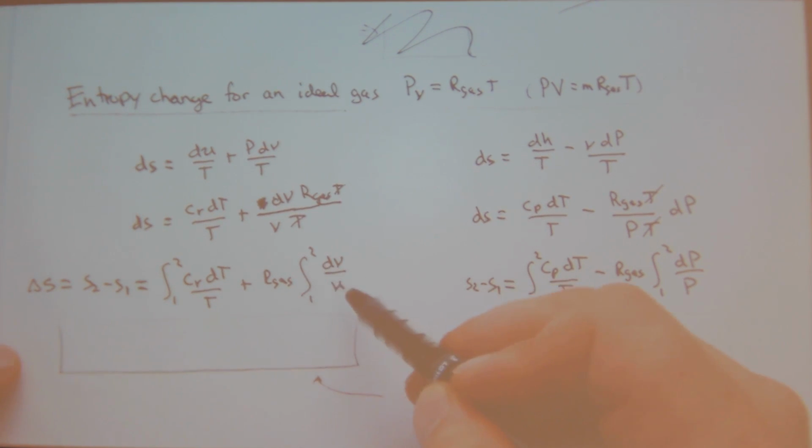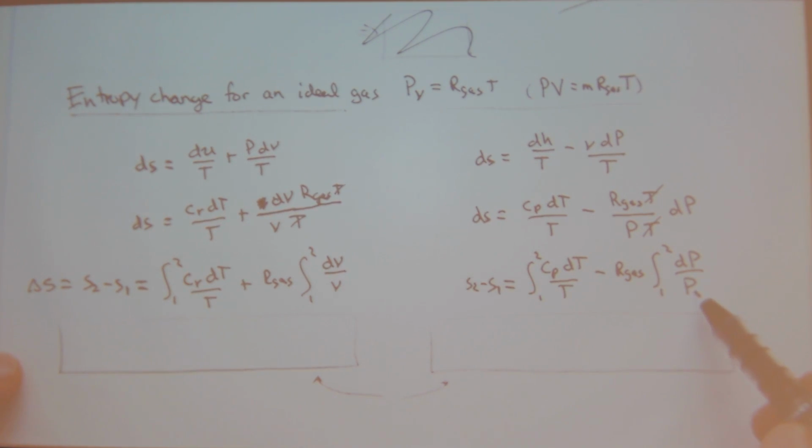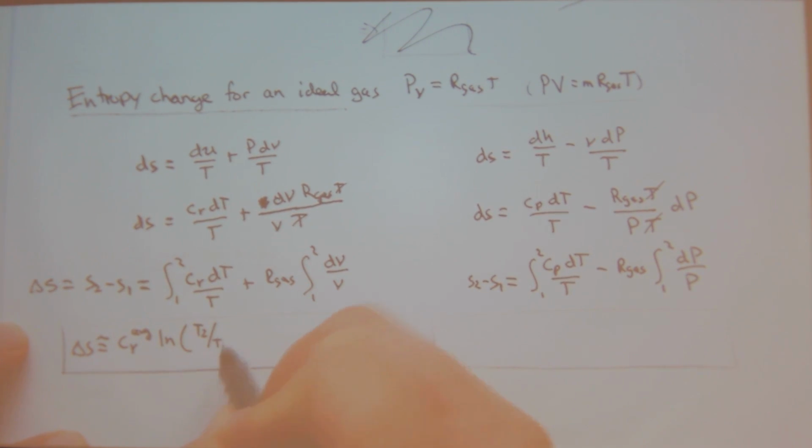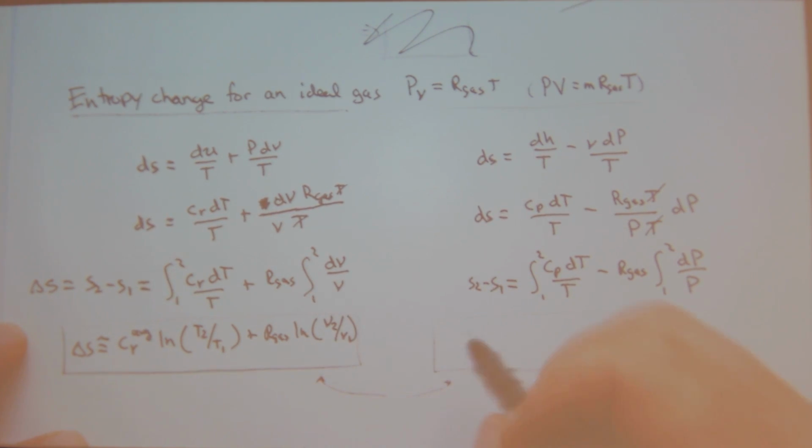Now I know that this is equal to just the natural log of V2 over V1. This is equal to the natural log of P2 over P1. This we've already solved for, so I can just write delta S equals approximately CV average natural log T2 over T1 plus R gas natural log V2 over V1. Delta S equals CP average natural log T2 over T1 minus R gas natural log P2 over P1.